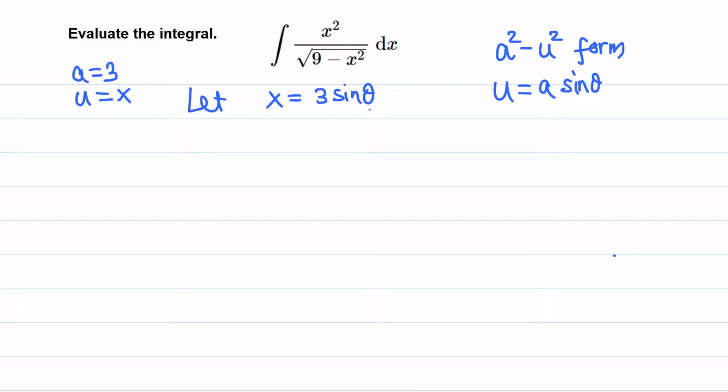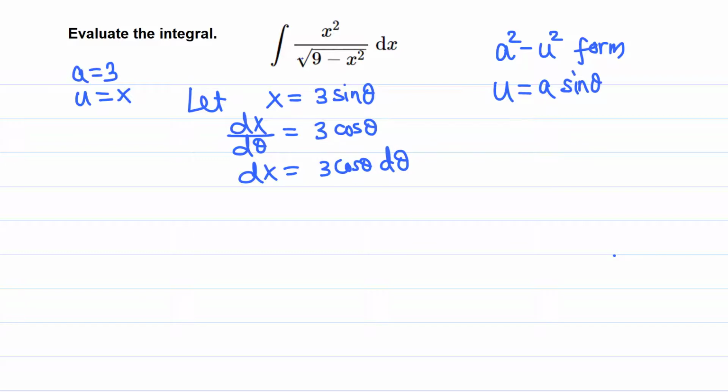So we take derivatives of both sides with respect to theta. Then dx over d theta is 3 times the derivative of sine, which is cosine theta. That means we can solve for dx: dx is just 3 cosine theta d theta.